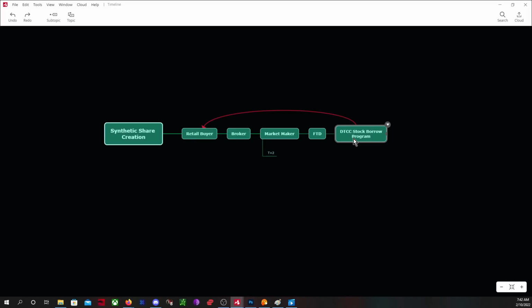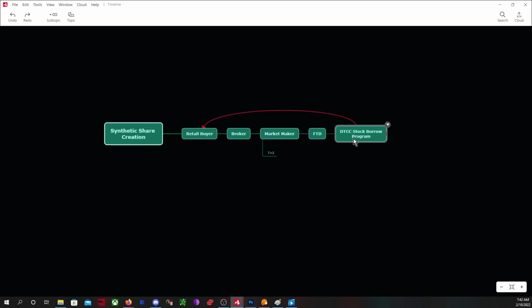Now, what creating synthetic shares does is it dilutes the market cap, thus reducing the price. So let's say you have a company, the market cap of it is $100, right? You have one share. Now let's say that, okay, well, I want to make another share because I want my friend Bob to be a partner. So then you cut your share in half. So now there's two shares, right? Each one worth $50 now, right?